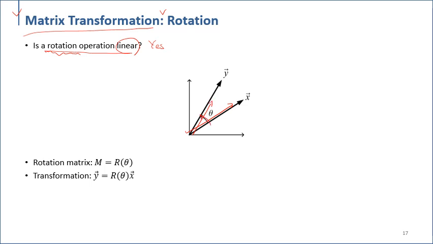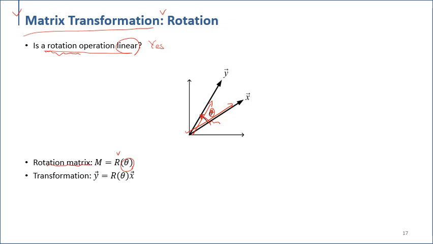Let's say we want to rotate the vectors by an angle theta. The rotation matrix should be a function of theta, right?